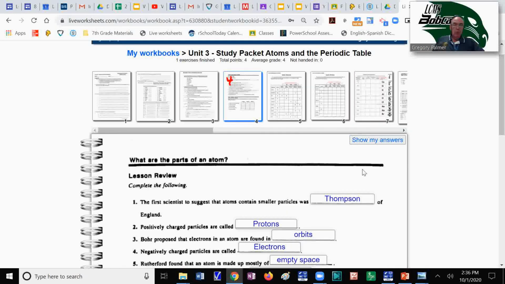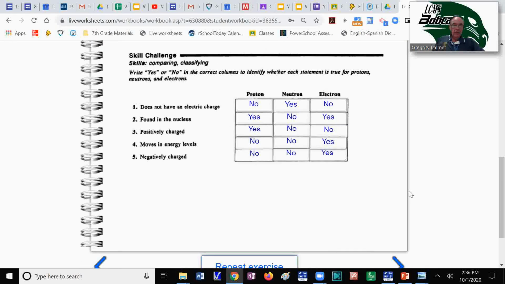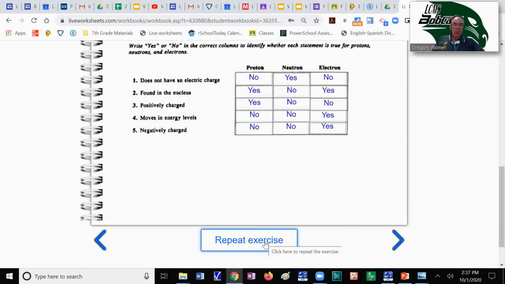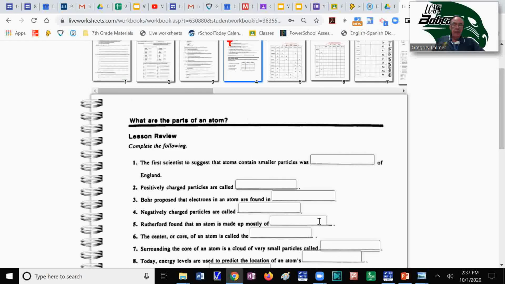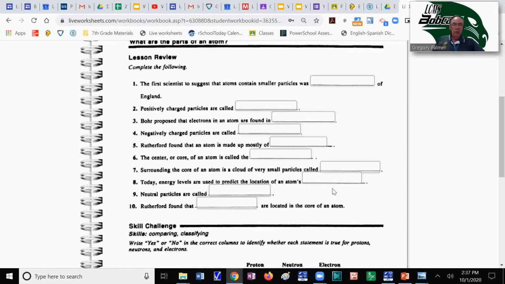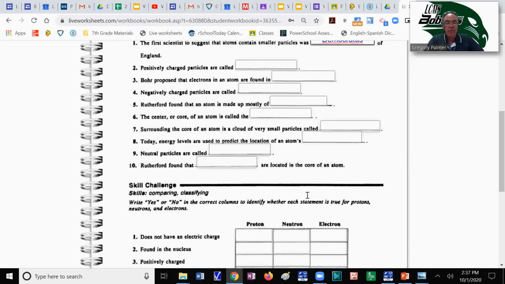So you can check your work. If you want, you can repeat the exercise. So down here, it says I need to repeat the exercise. Okay, the first person to suggest that the atom contains smaller particles was Democritus. And you would fill this out.